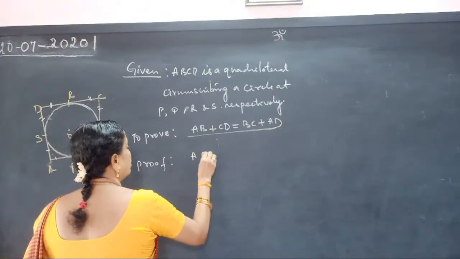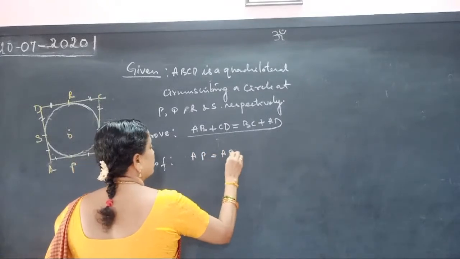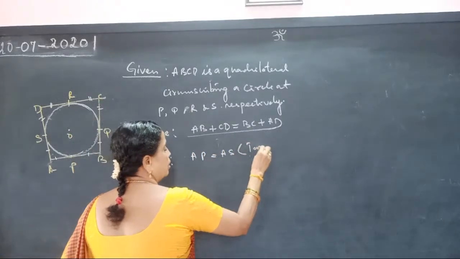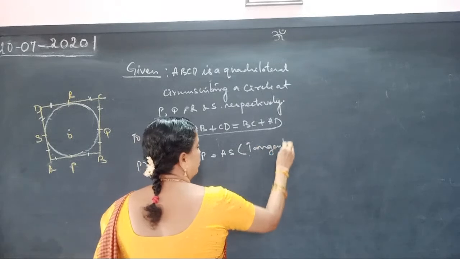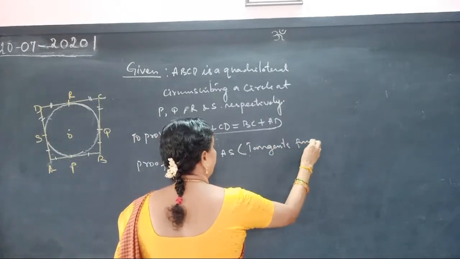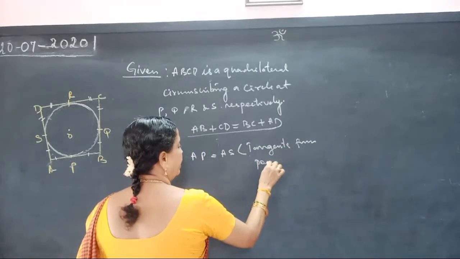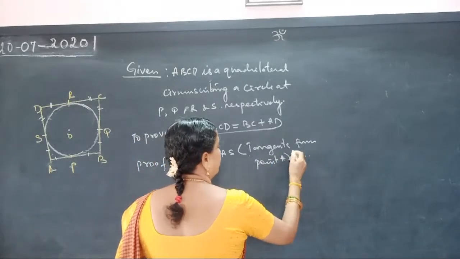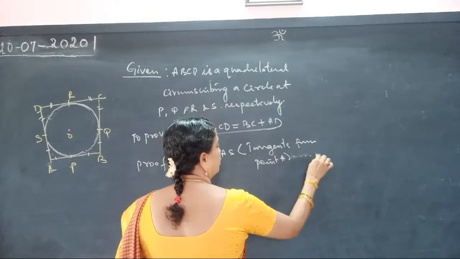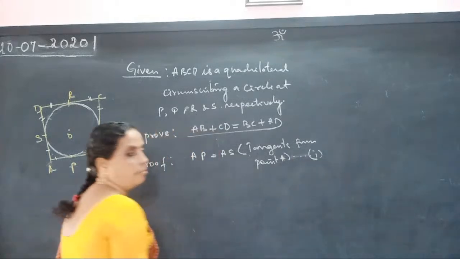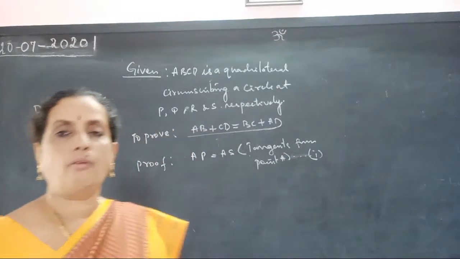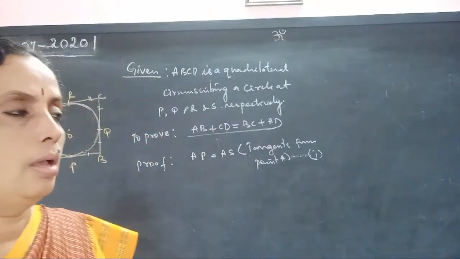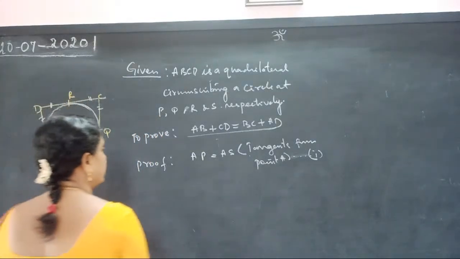AP equals AS, tangents from point A, result 1. Before writing the pair of tangents, you can also mention the property. What is the property?